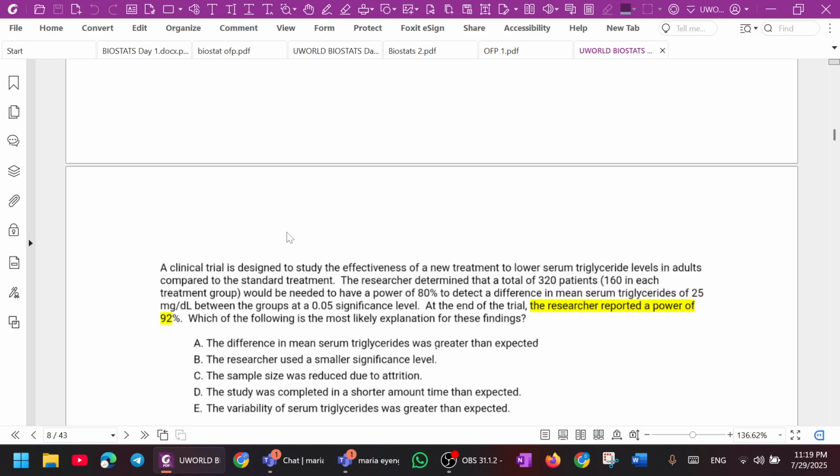The researchers determined that a total of 320 patients, 160 in each group, would be needed to have power 80% to detect a difference in mean serum triglyceride of 25 milligrams per deciliter between the groups at 0.05 significance level. At the end of the trial, the researchers reported a power of 92%. Which of the following is the most likely explanation for these findings?